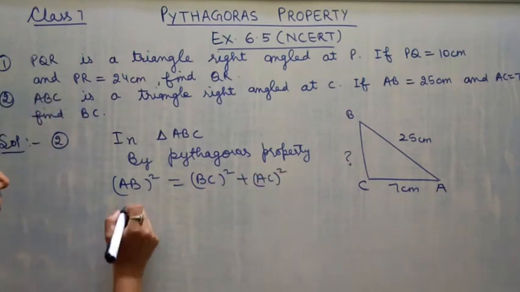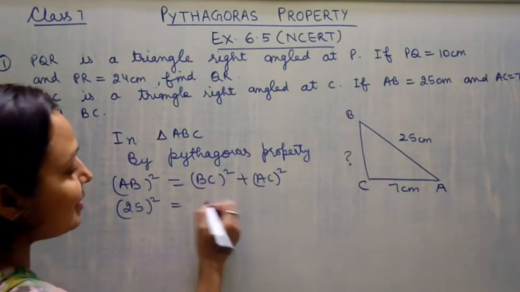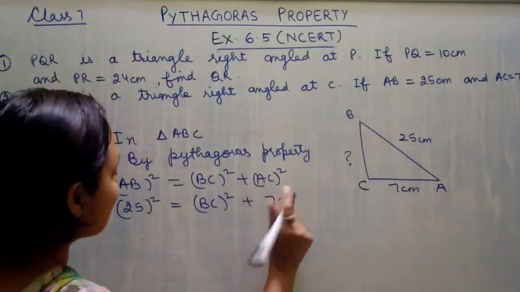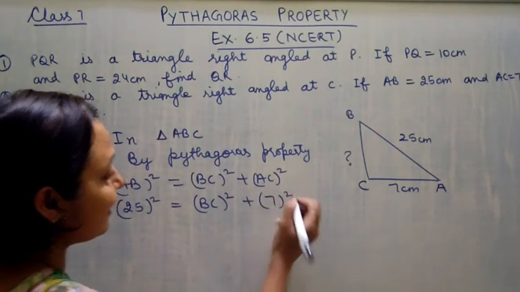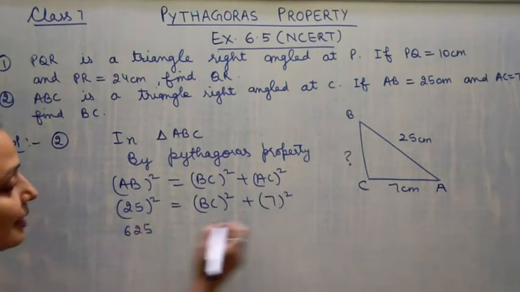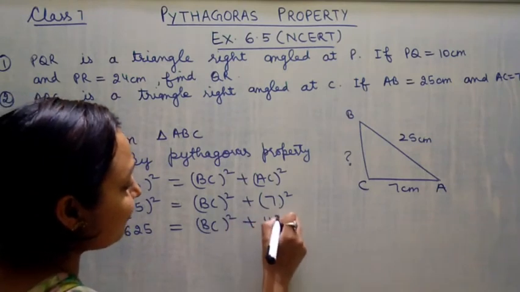We have the value of 25 centimeter square is equals to BC, I don't know because I have to find it, plus AC is 7 centimeter. I will write the centimeter at last. This is 625. This is equals to BC whole square plus 7 7s are 49.